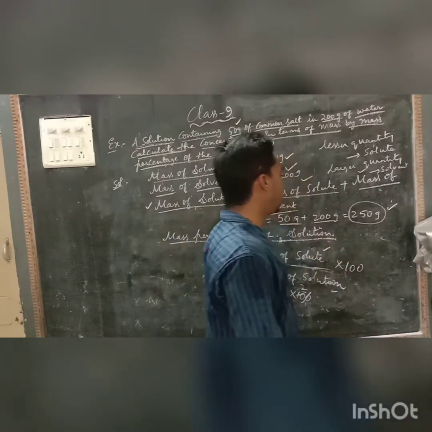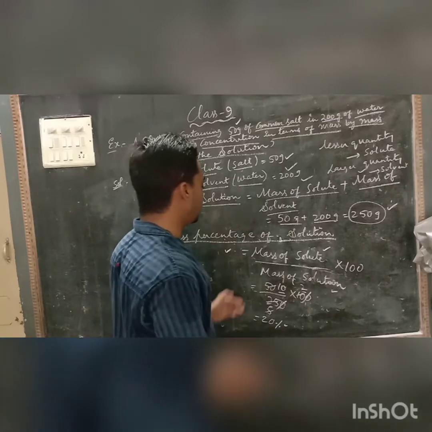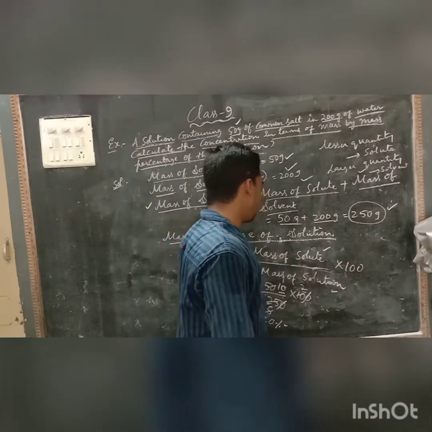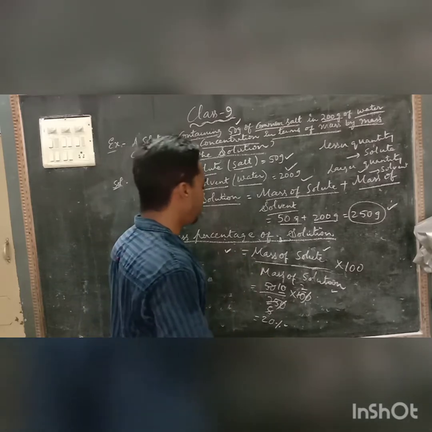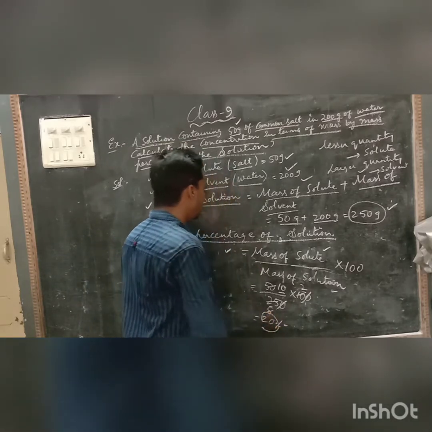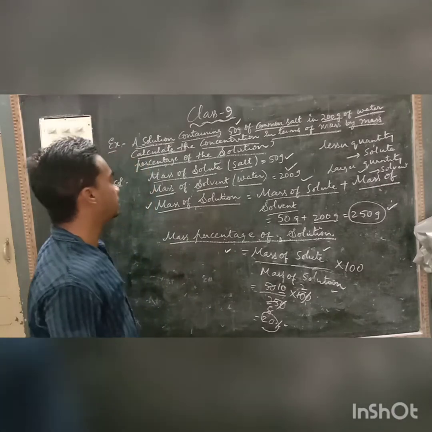What I am getting is 250. Next, mass percentage of solution is mass of solute by mass of solution into 100. If you substitute the values, you will get 20%. Mass percentage of solution will be equal to 20%.